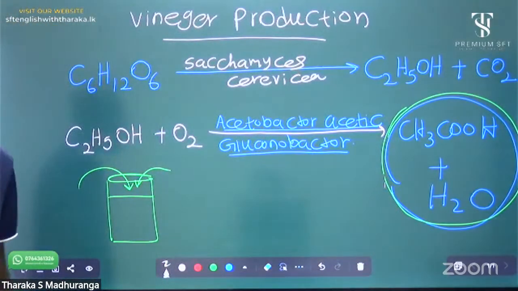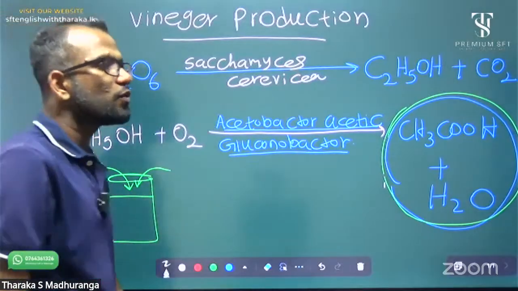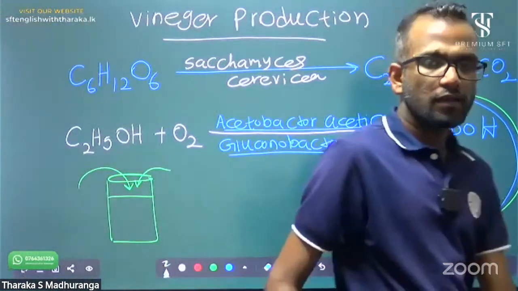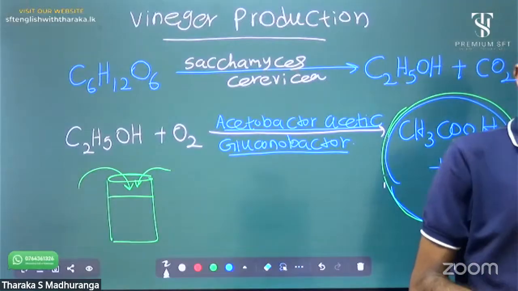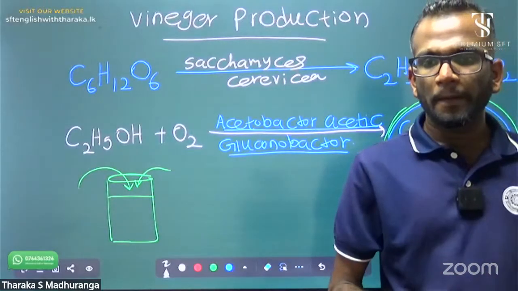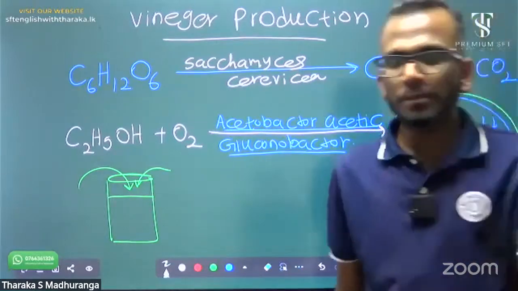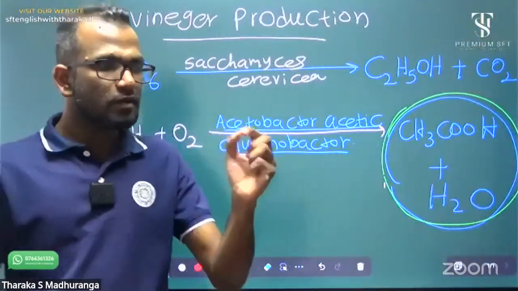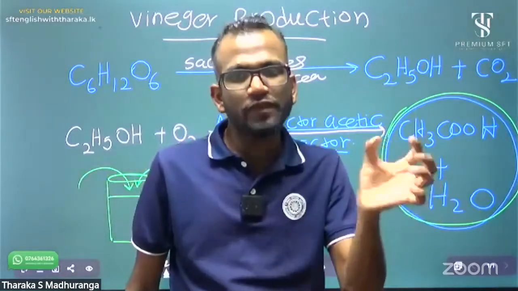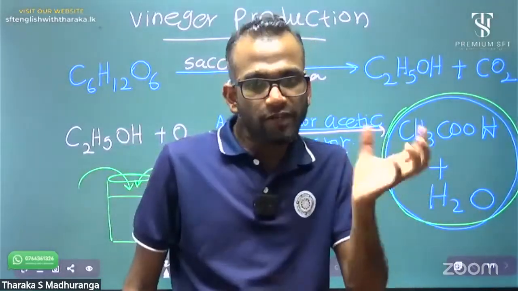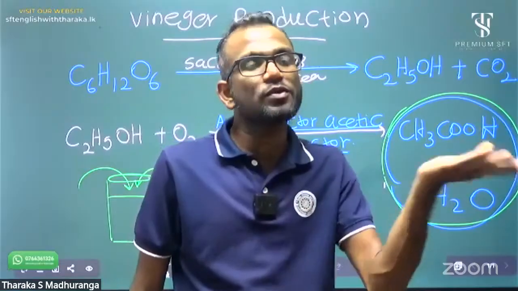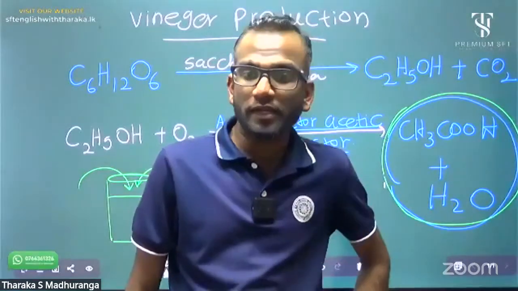Anyone? Fatima, how can we find this bacteria in your home? Very simple. In your home, you can get a bottle of vinegar. If you have a vinegar bottle brought home, it contains a huge number of Acetobacter bacteria.